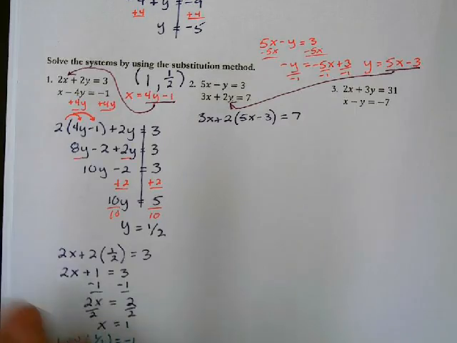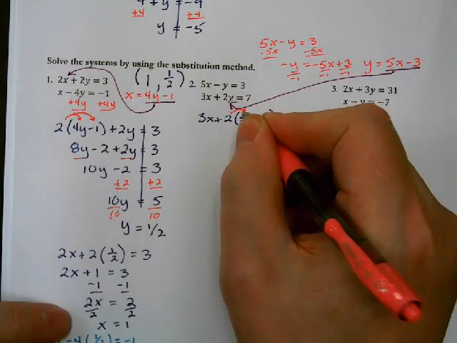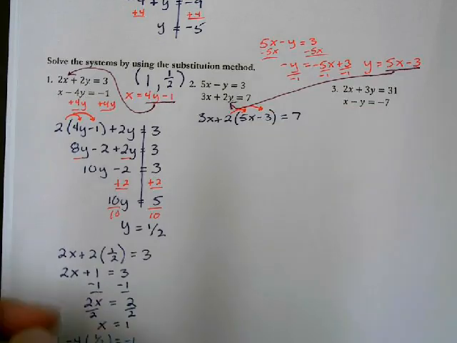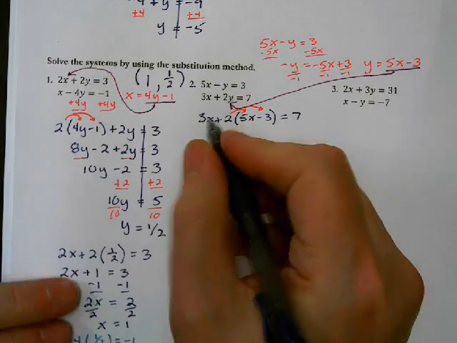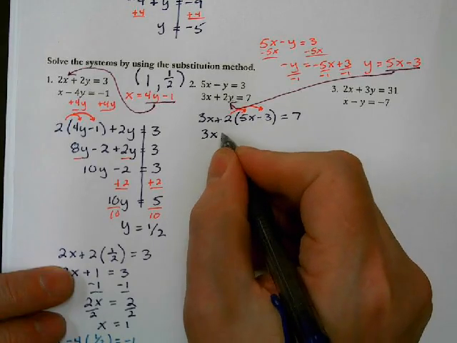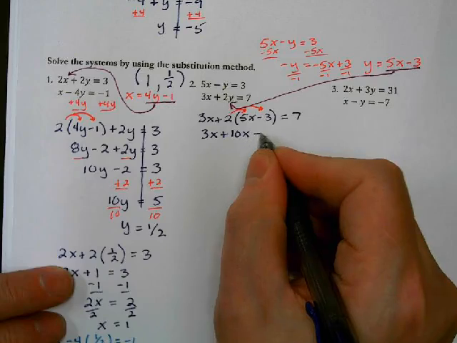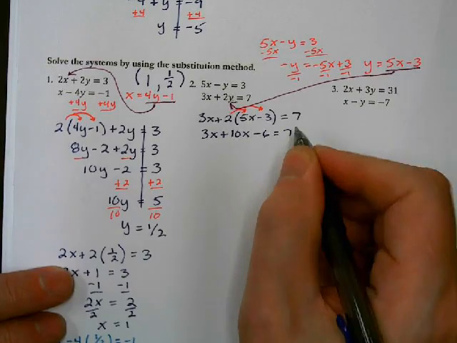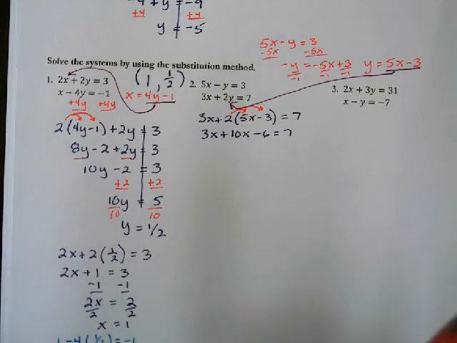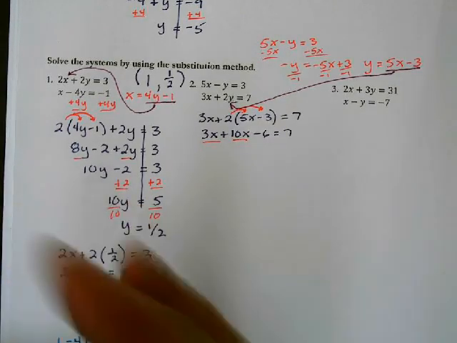Okay, I'm going to distribute first. That leaves me with 3x. 2 times 5 is 10x. 2 times -3 is -6 equals 7. I'm now going to combine my like terms. 3x and 10x gives me a total of 13x.